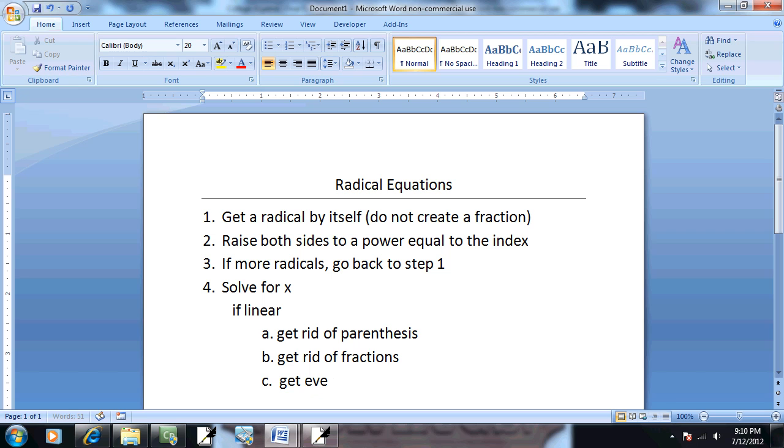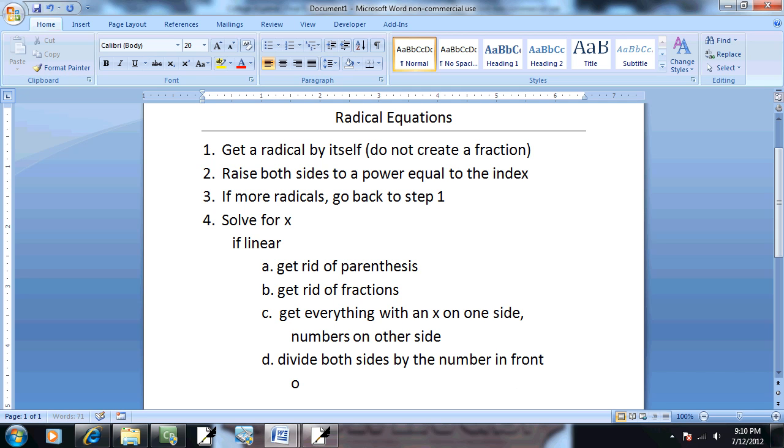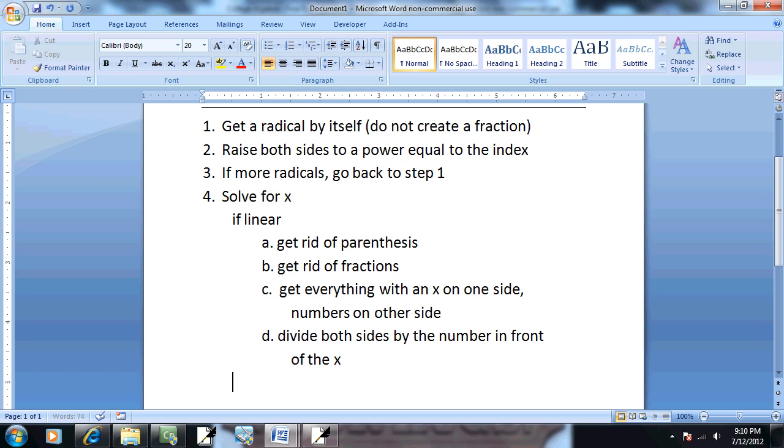Third thing we'll do is get everything with an x on one side, numbers on the other side. And the last step would be to divide both sides by the number in front of the x. Now I wrote this in terms of x's, but you can have any variable.